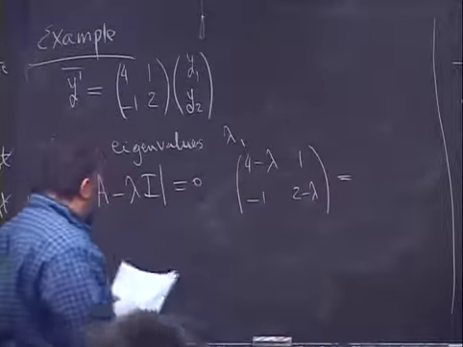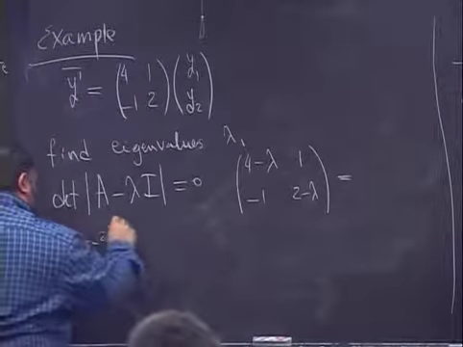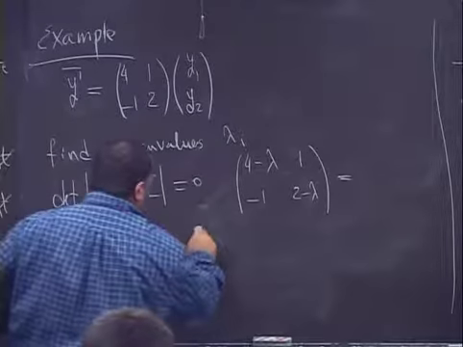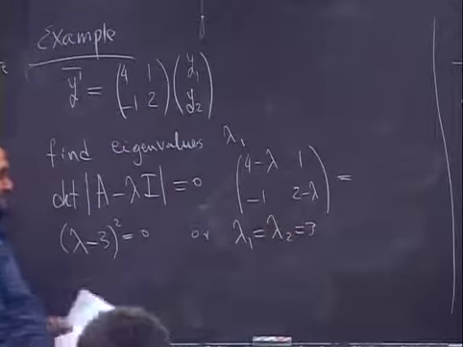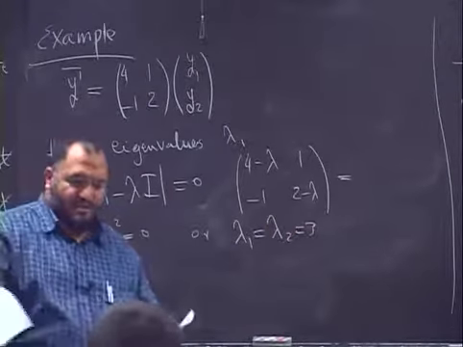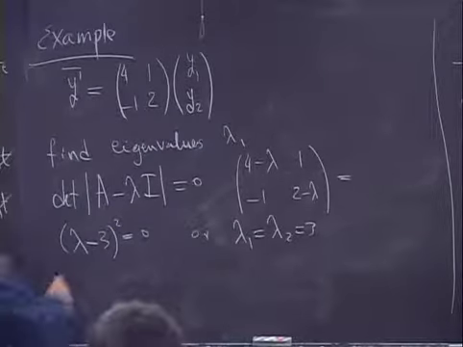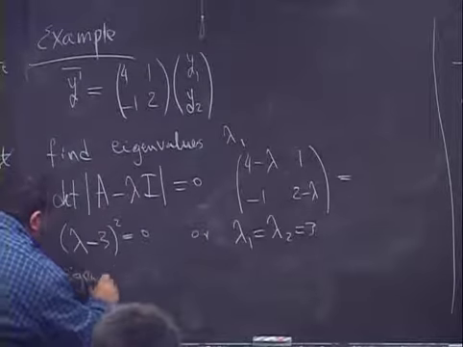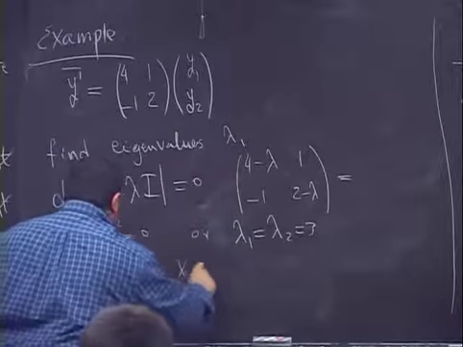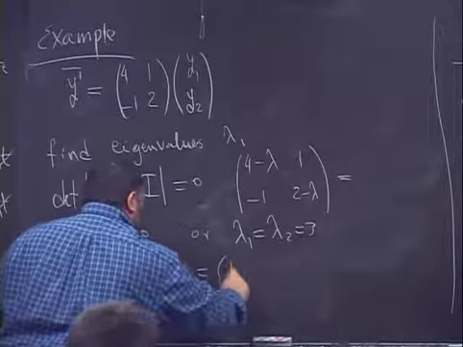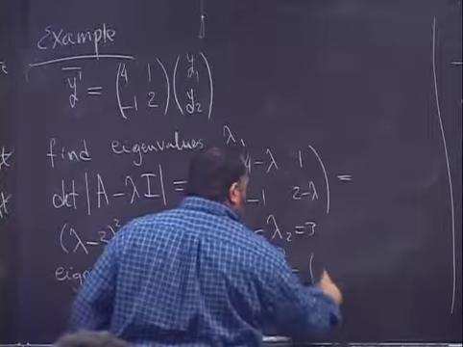If you solve this, you will reach lambda minus 3 all squared equal to 0, or lambda 1 equal to lambda 2 equal to what? 3. So you have what? You have degenerate eigenvalues. If you try to get the eigenvectors associated with this one, so x1 will be just [1, -1] transpose, or 1 and minus 1.